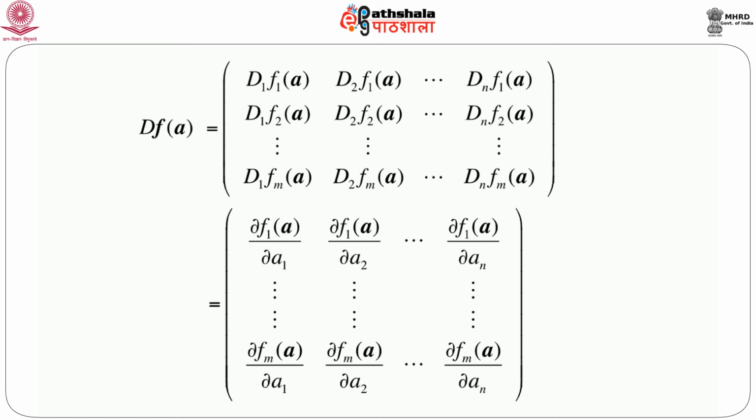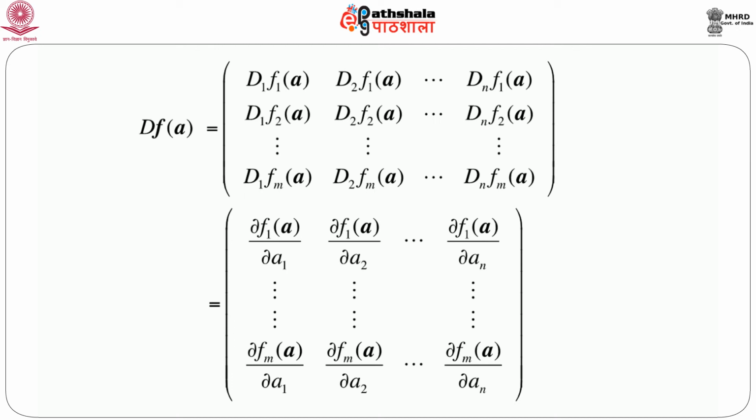So we can write Df(a) as an m by n matrix. The first row is the first order partial derivatives of f1 at a, that means D1 f1(a), D2 f1(a) and Dn f1(a), and so on for each component function.